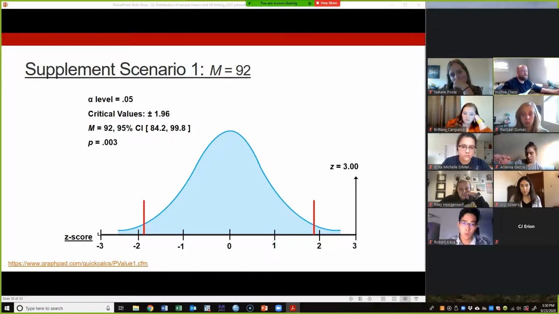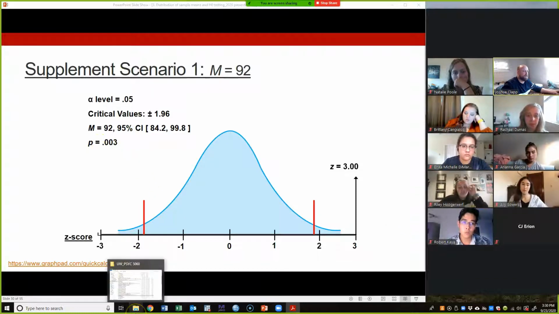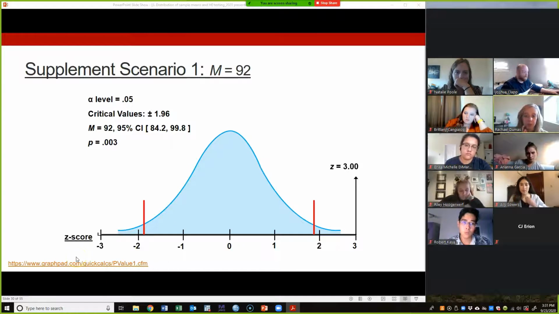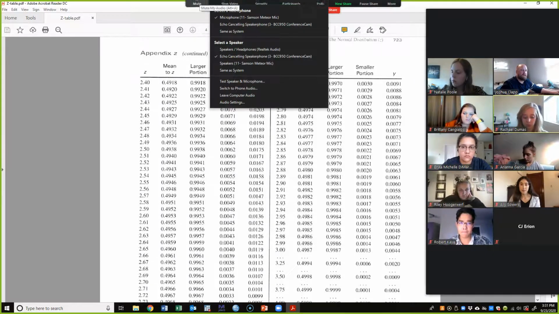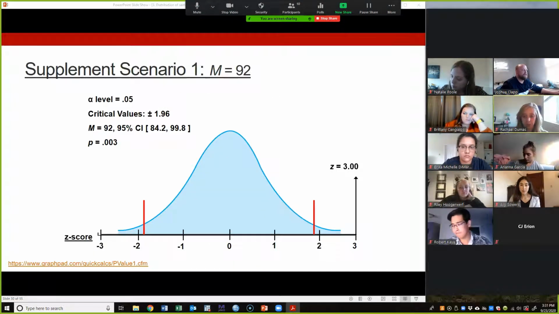But, Rachel, what was my p-value that I calculated here? 0.003. Right? So if I grab my handy-dandy calculator and take 0.0013 and multiply it by 2, I get 0.0026, which gives me 0.003, okay?